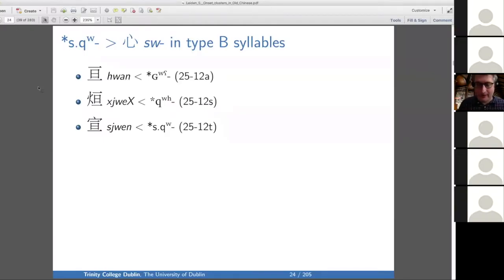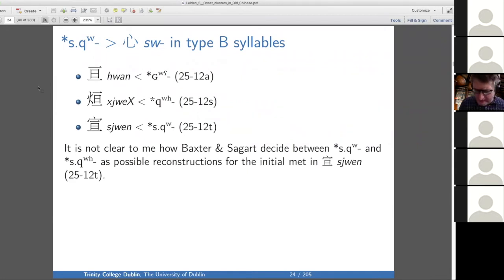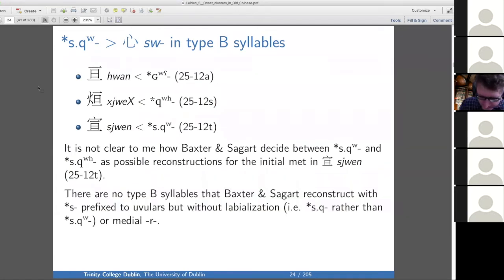Another labio-uvular, now in type B, a series that has an S initial, so let's reconstruct another S cluster. But in this case, I'll just say it's not clear to me how Baxter and Sagart decide whether or not this particular word is aspirated. And I will also point out that there are no type B syllables that Baxter and Sagart reconstruct with an S prefix to uvulars but without labialization.